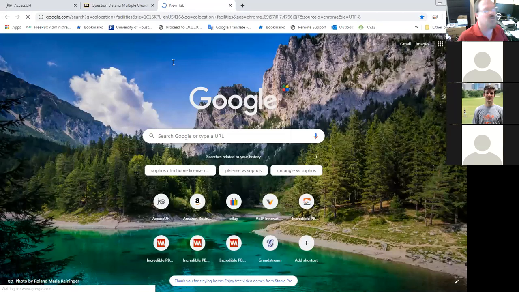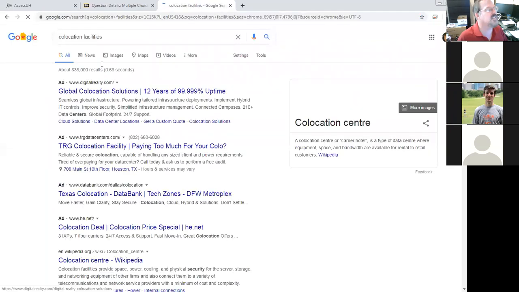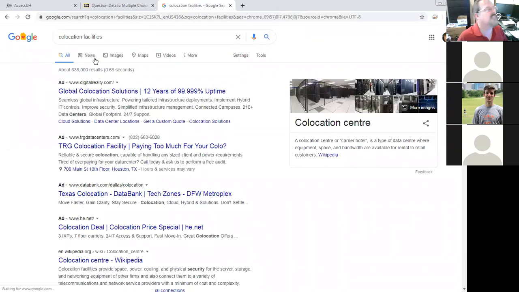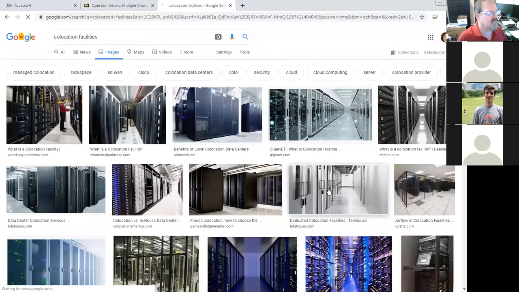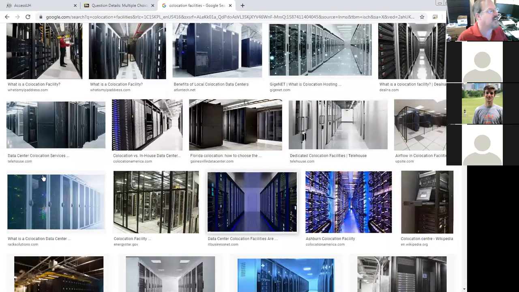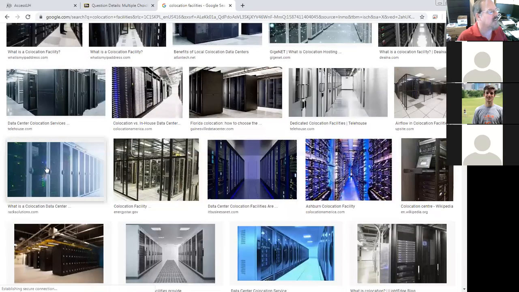If I was to Google for co-location facilities, that's what a co-location facility looks like on the inside. And each one of these cabinets has one or more servers in it, which belong to one or more companies.